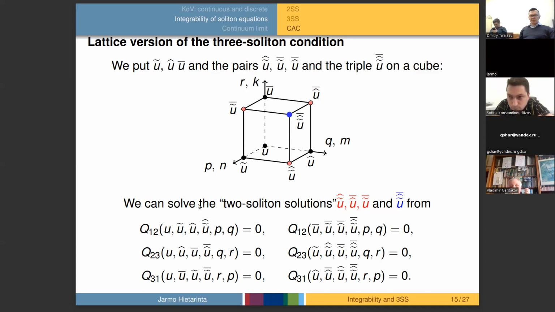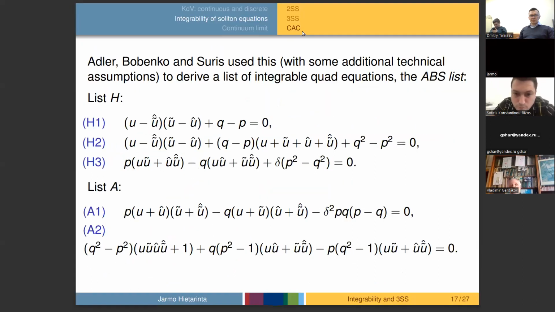But it's the same kind of property as the three-soliton condition. Namely, we can take the Wahlquist-Estabrook approach and follow all these steps, and we get the same result. And H1 is the KdV equation. So for this, Wahlquist and Estabrook wrote the triple shifted result.